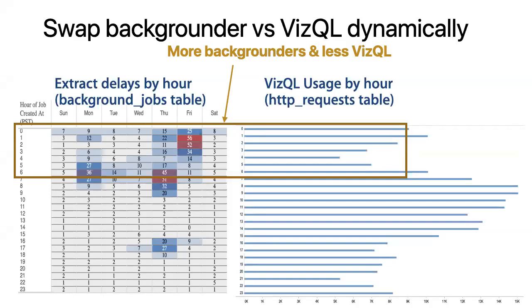On the left side is nothing but the backgrounder delays for all the days. If I look at the background_jobs table, you can figure out the backgrounder delays. As you can see, the most delays are somewhere between midnight and 8 a.m. On the right side, I just queried the http_requests table.